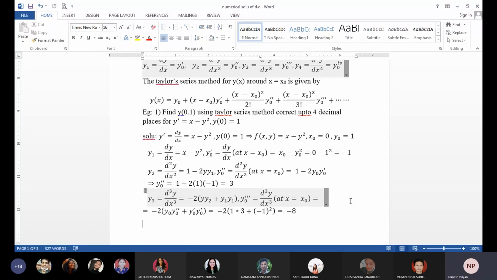So in whatever the third order derivative expression is, you replace x with x naught, y with y naught, y1 with y0 dash, y2 with y0 double dash. After replacing, you can see we get the answer as A. Okay, this is what we had discussed in the last lecture.